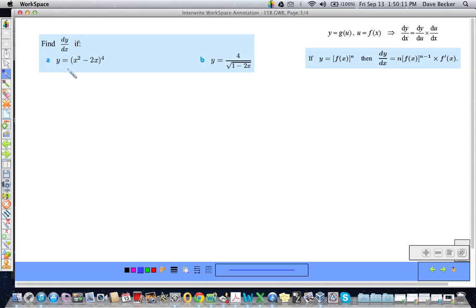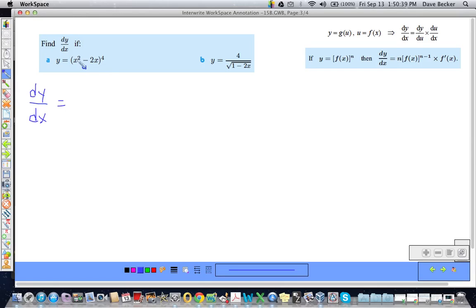So we have y equals x squared minus 2x to the fourth, and we have this for our reference: dy dx is equal to dy du. So what they're saying there is, let's just, temporarily, think of the inside as u. So we're going to take the derivative of the outside using the power rule.